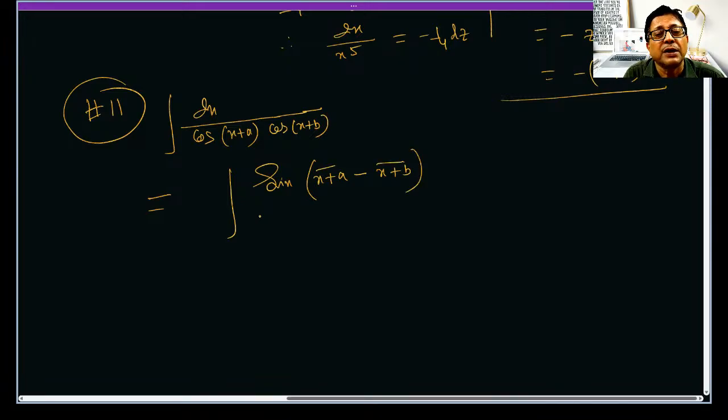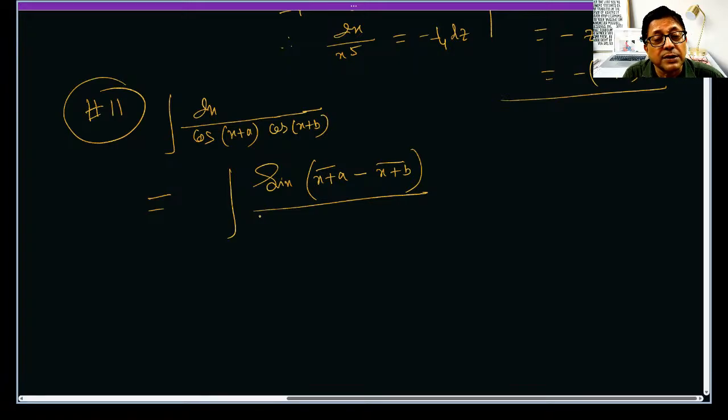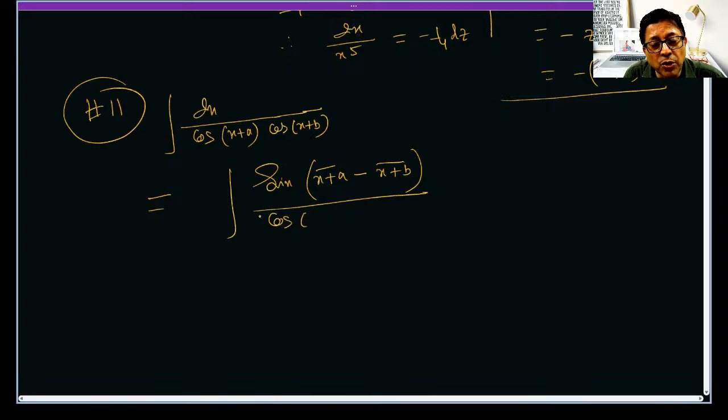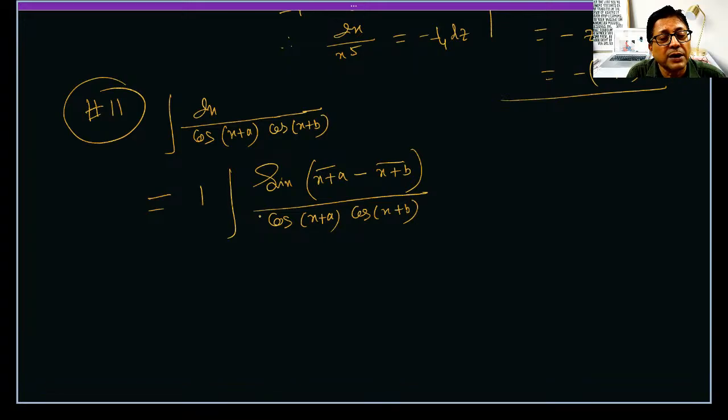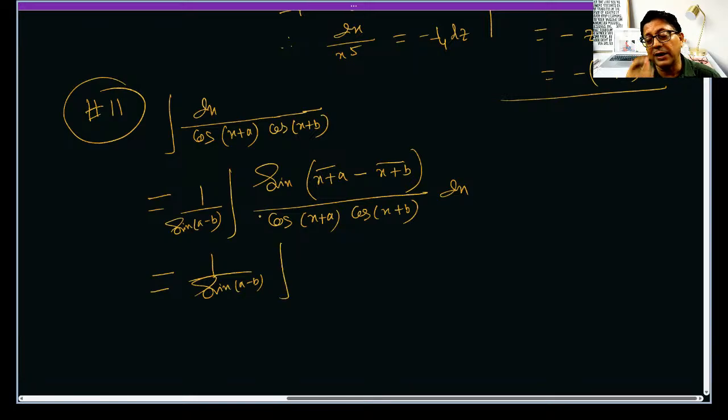Why? So when you expand and separate, then we get tan form. Keep 1 by sin(a minus b) outside and try to understand the advantage here.